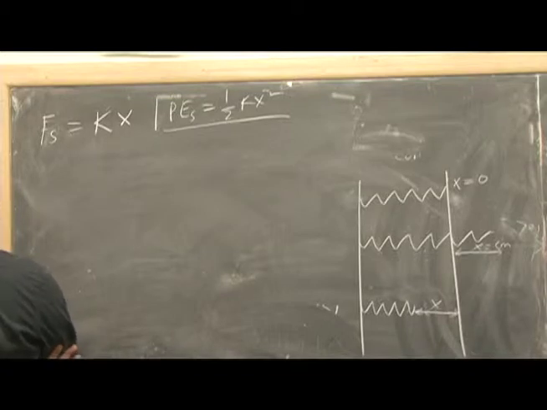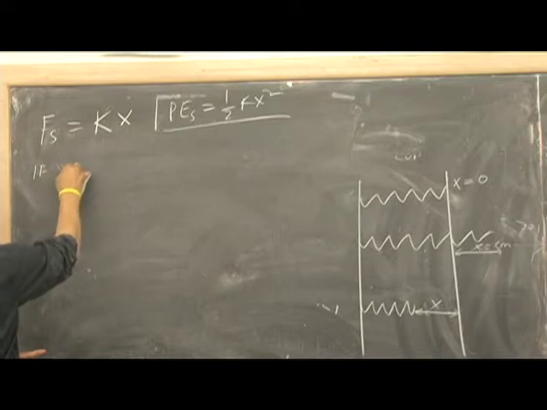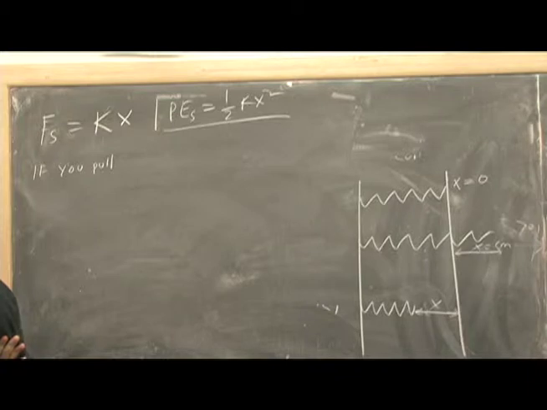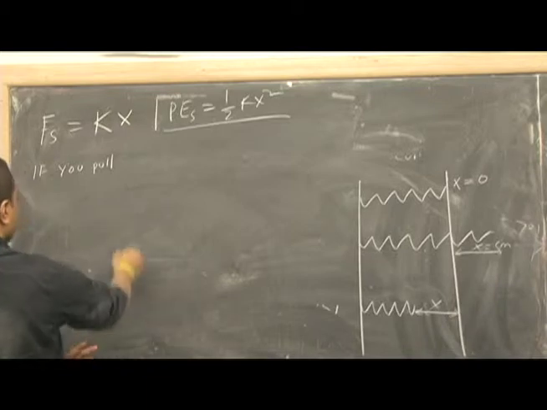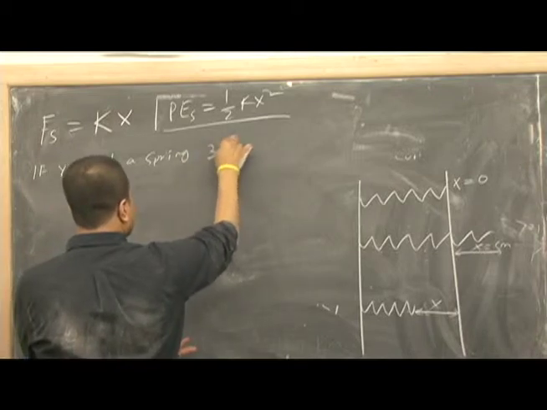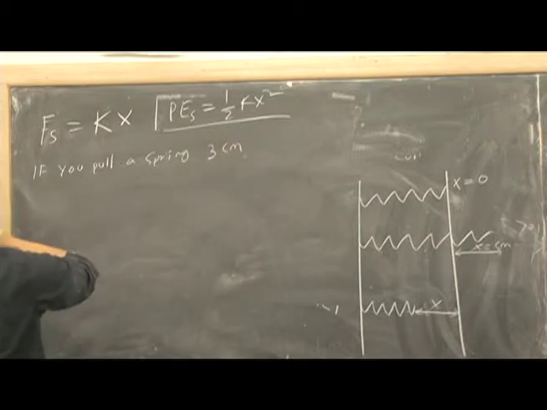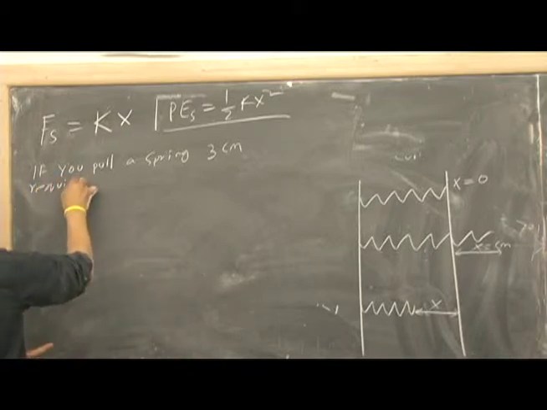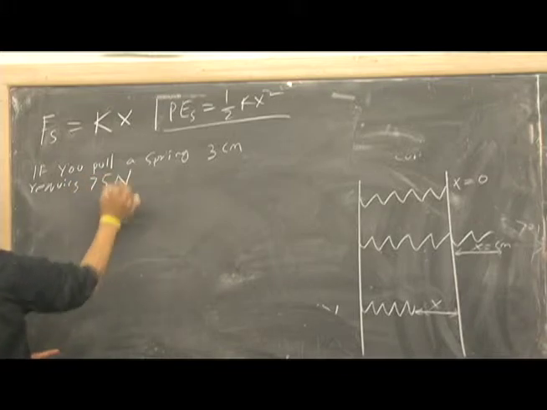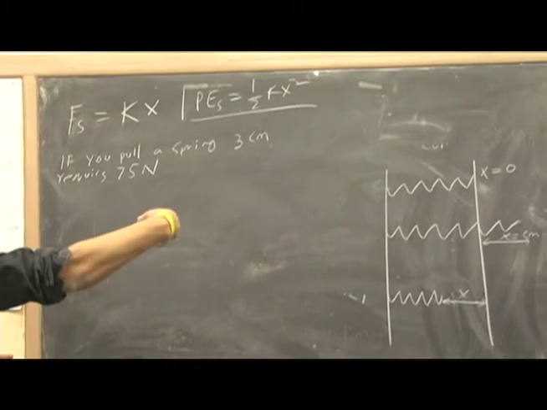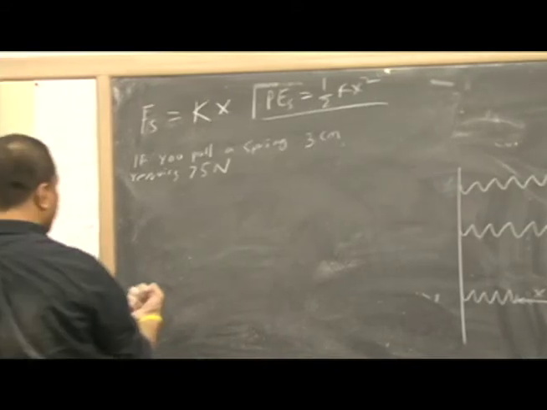If you pull a spring 3 centimeters, this requires, I guess, 75 Newton. Now if you pull a spring 3 centimeters, it requires 75 Newton.